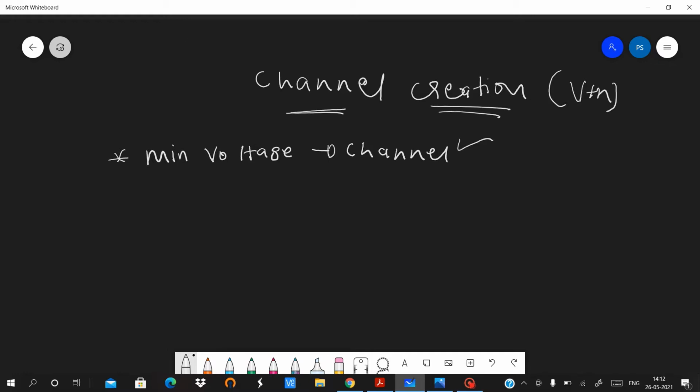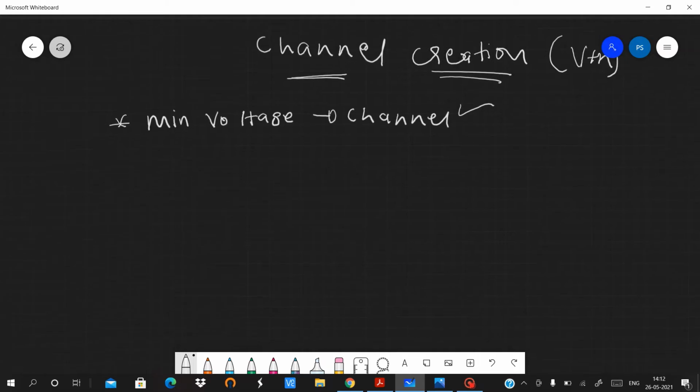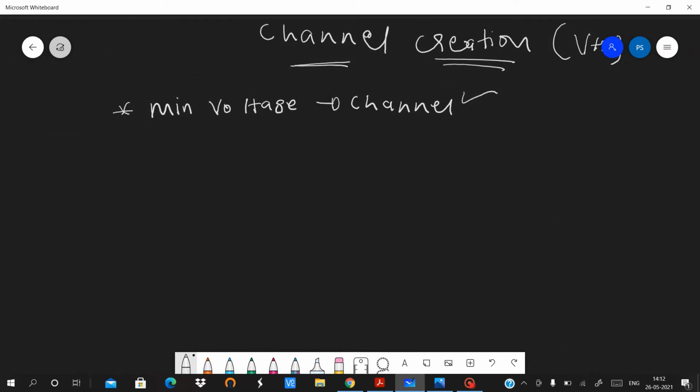But if we go a little deep into the physics and try to analyze a little bit more about the channel creation, intuitively it will be very easy to solve many problems. For example, a mere definition of minimum voltage that is required to create the channel is very plain and does not give much physical insight of the MOSFET.